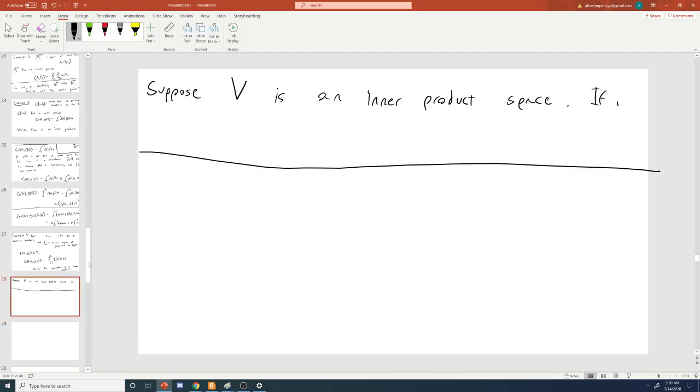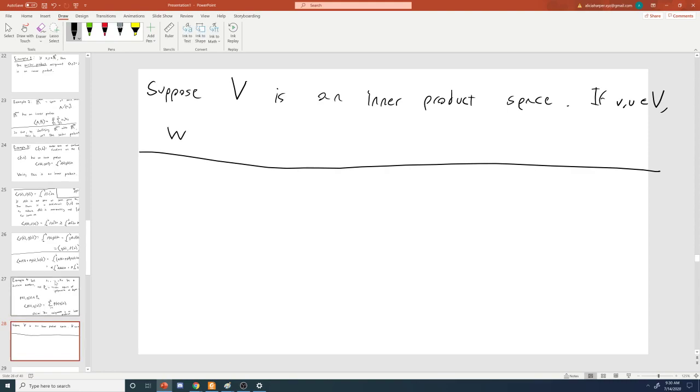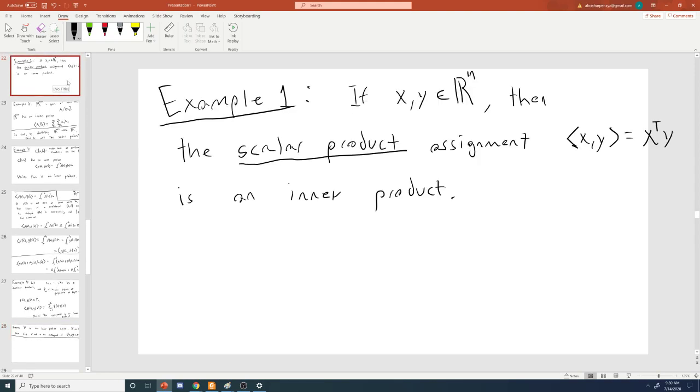If little v and u are elements of V, we say v and u are orthogonal if the inner product of v and u is equal to 0. And this is a direct generalization of our notion of orthogonality in dimensions 2 or 3 with the standard inner product.